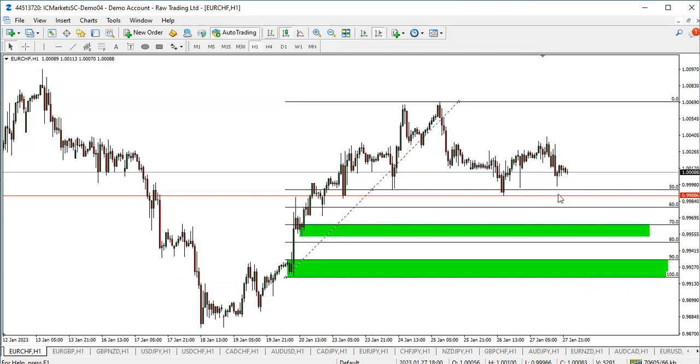Now, do you trade immediately? No. The market does two things mainly. Number one, it takes liquidity. It runs on liquidity. It hits stop losses. Number two is that it fills gaps or rebalances.